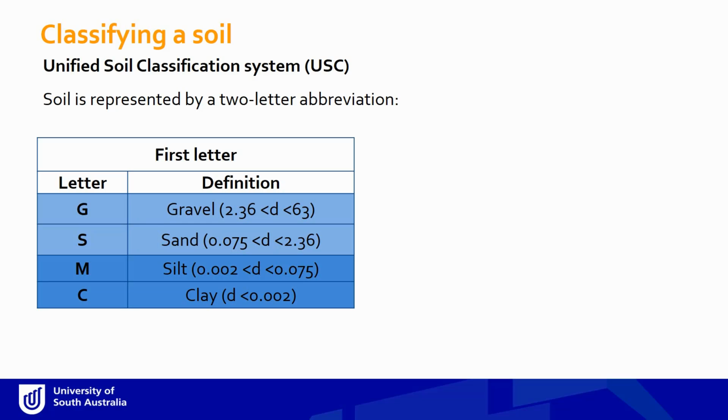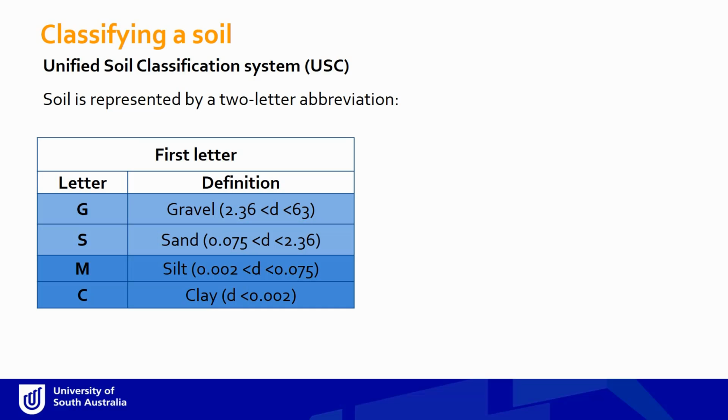Basically, it's named by its dominant particle fraction. If a soil has 95% sand size particles or 60% sand size particles, we'll call it a sand. If silt size particles dominate, we call it silt, and we use the symbol M for silt, and C for clay. So that's the first letter in the name, depending on its dominant particle fraction.